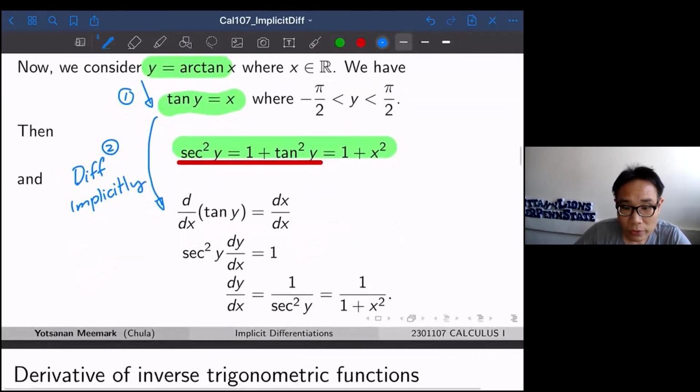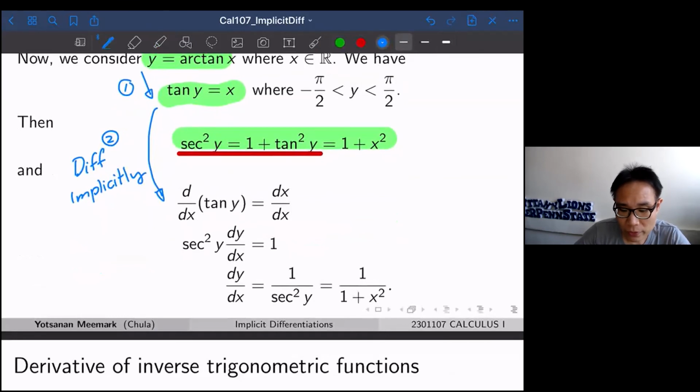So you differentiate tan y. The derivative of tan is sec squared, so you use the chain rule: sec squared y, and you have to differentiate the inside, so you have dy/dx. In this case, you solve for dy/dx, which equals 1 over sec squared y, and the sec squared guy is the green one.